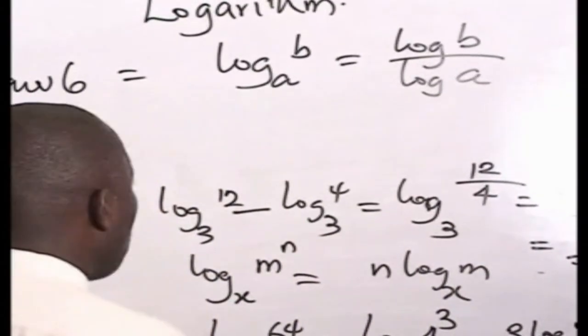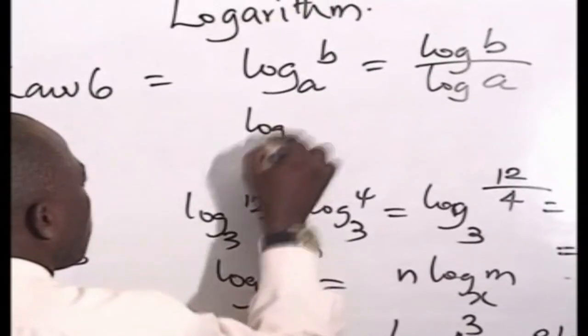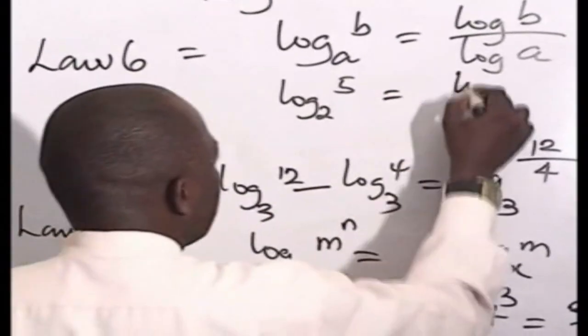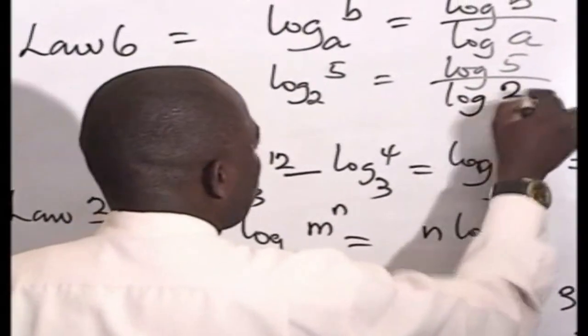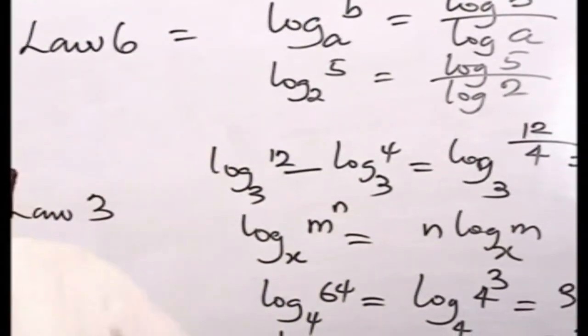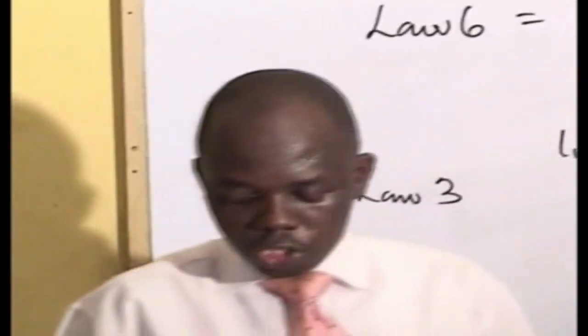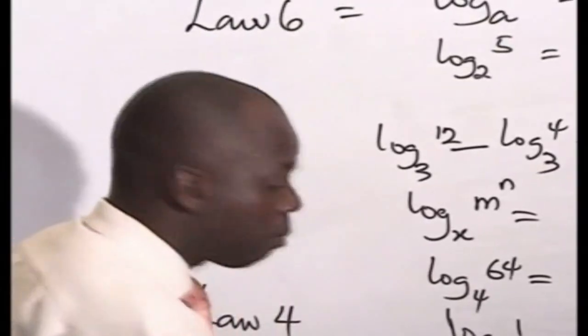So if I give you a question like log 5 base 2, it can be written as log 5 over log 2. Alright? Let me give you a practical example on that.